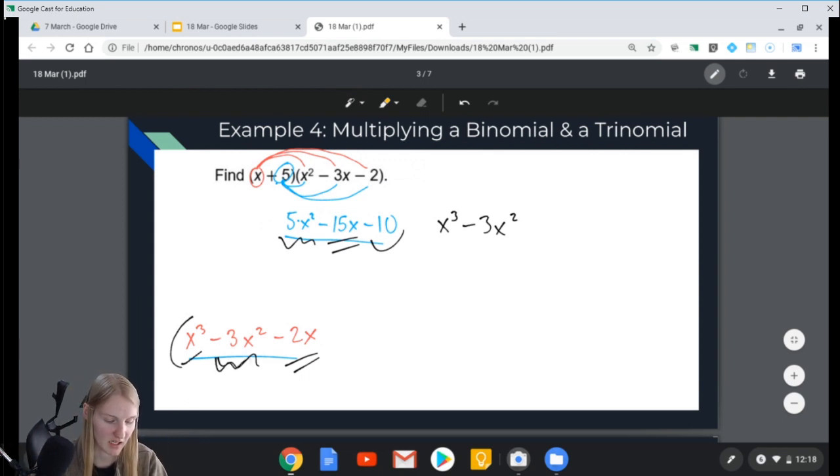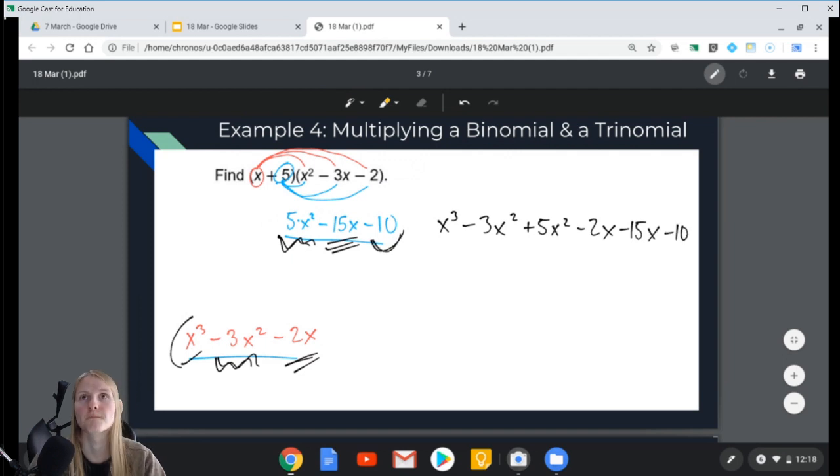They don't get combined with anything. But I have my negative 3x squared and my 5x squared. So those can go together. And then I have my negative 2x and my negative 15x. Those can go together. And then just my negative 10 sitting over here. Now let's just put it together. So the negative 3x squared plus 5x squared, that is the x cubed.